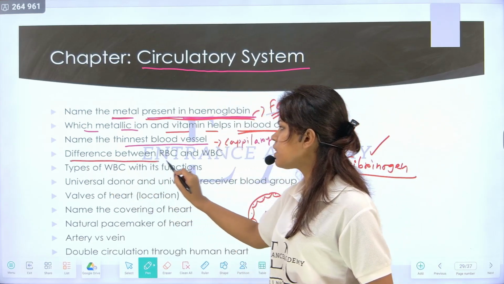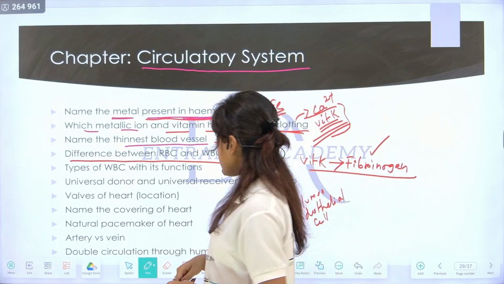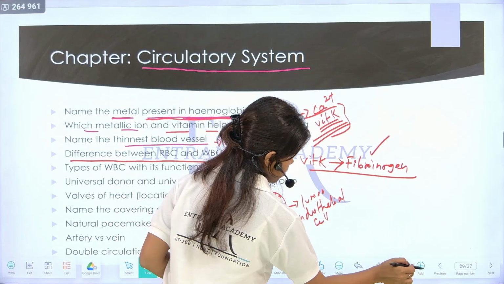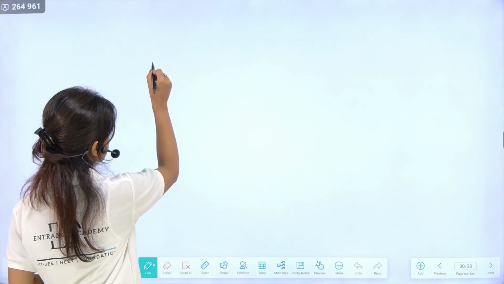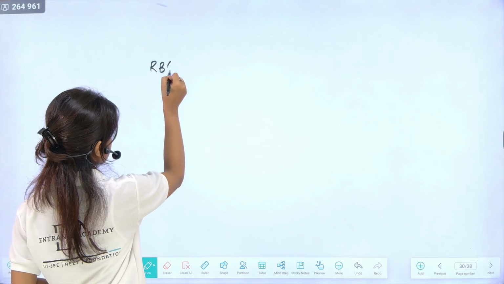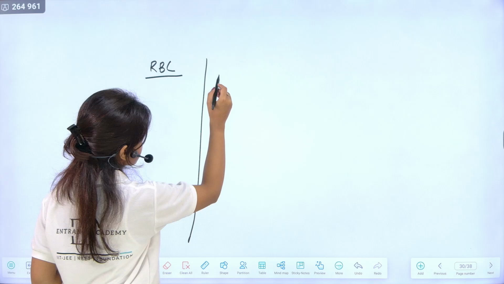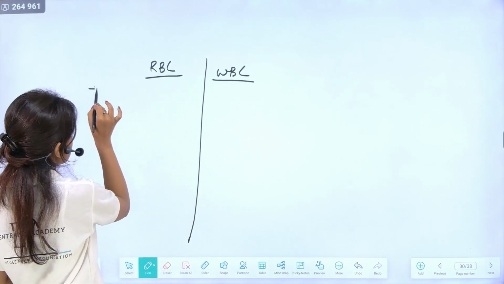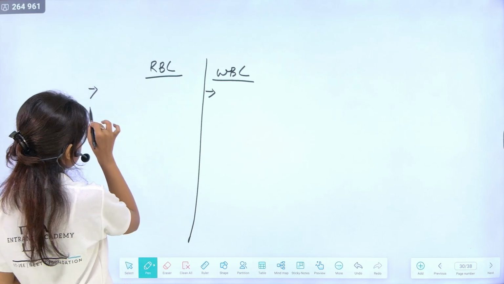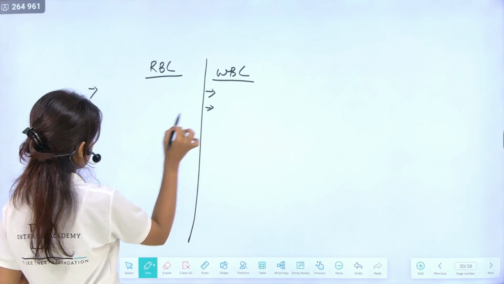Next, difference between WBC and RBC. So first we will discuss some structural difference, then we will go for functional difference.